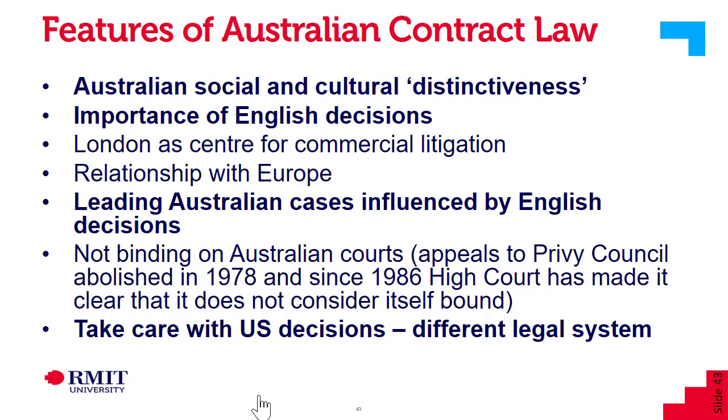English decisions, since what, 78 or so? Might have even been earlier than that. I'm going to be really bad with the numbers today. I'll put it on the slide. Since 1978, we've no longer had appeals to the Privy Council.